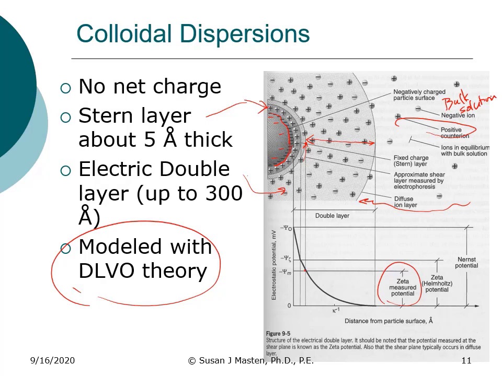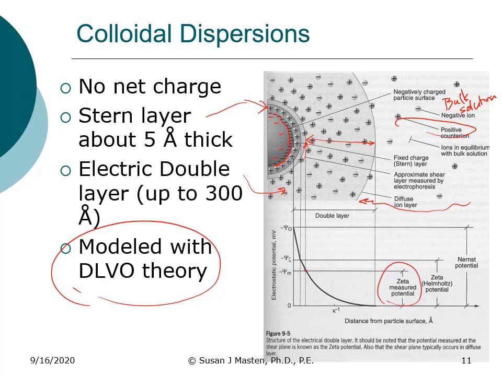Okay. Now typically when we're looking at these systems, we will often measure what's referred to as the zeta potential. You can think of that as the electrostatic potential of the system at some point in this theoretical schematic.